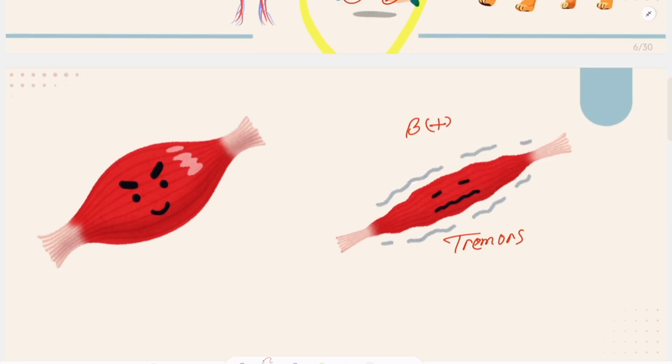We develop tremors when the lion comes in front of us. We develop tremors before the exam because sympathetic system is overactive. We also develop tremors while proposing to someone because the sympathetic system is active. So sympathetic system leads to tremors.